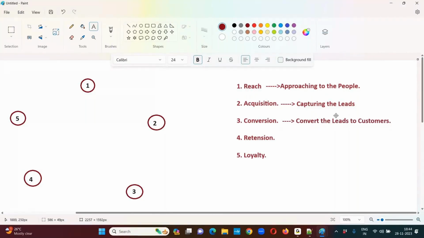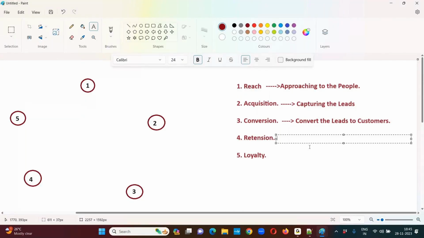Now, retention means what? Retaining the customer with us by providing customer service. We have to make the customer stay with us for some time. If I'm offering very good, quality services, the customer will stay with me for a long time and continue to use my products.